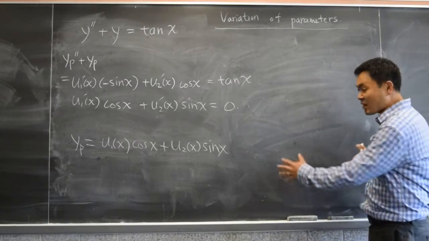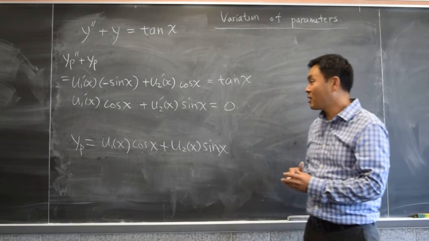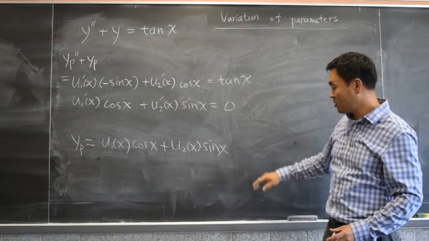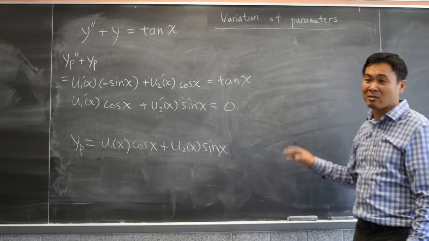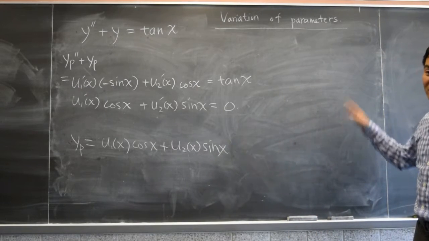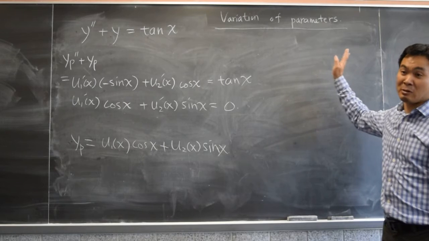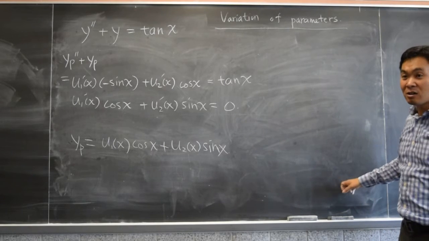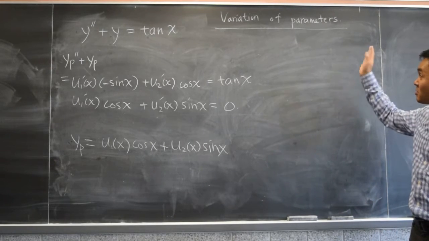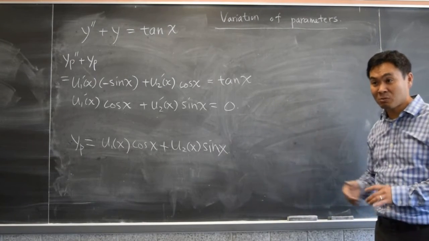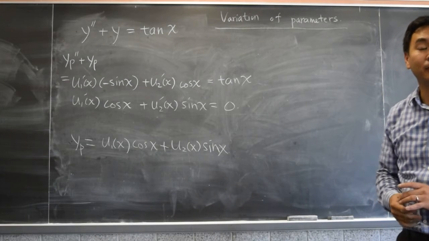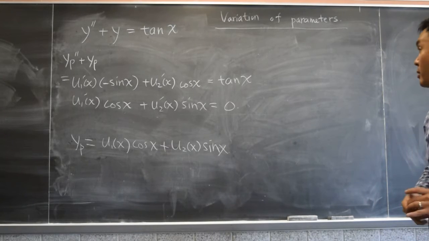If I don't have that as 0, then y double prime p will be very messy. But if I have that as 0, then y double prime p is somewhat manageable. I think the original people who invented this method made the assumption just so that y double prime p will be easy.